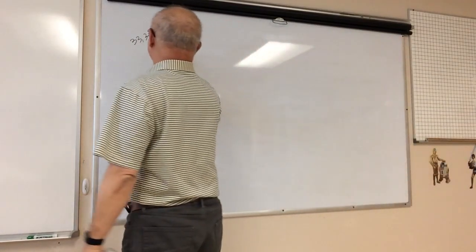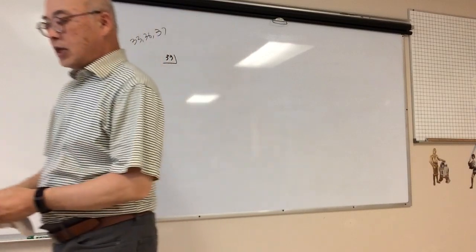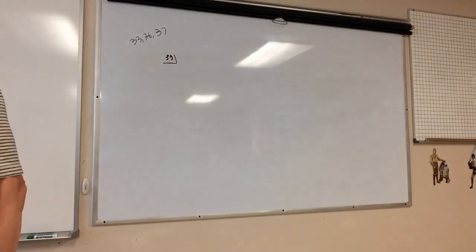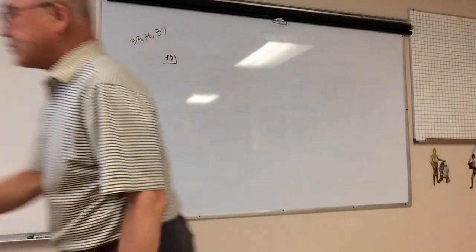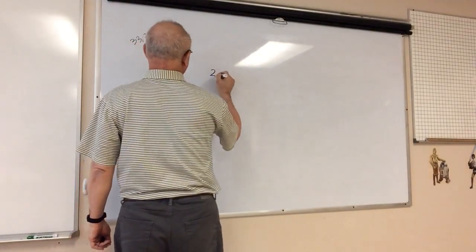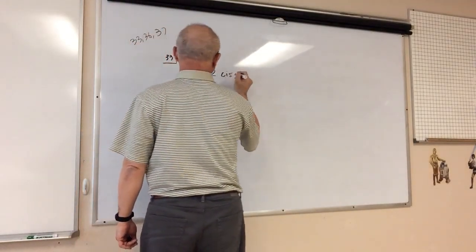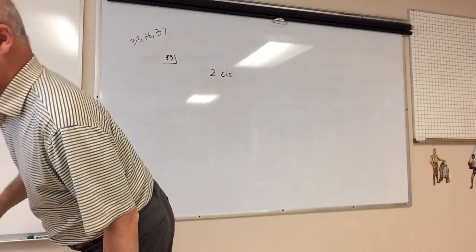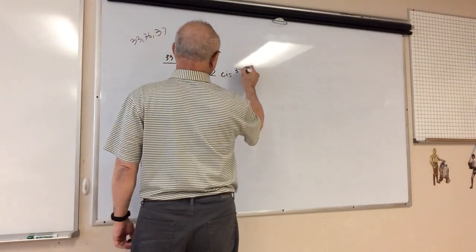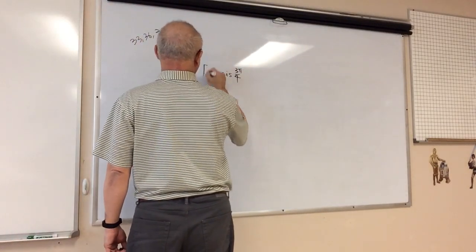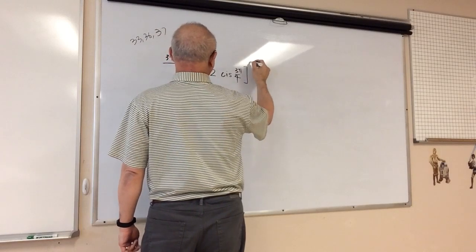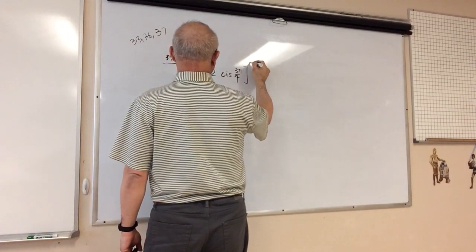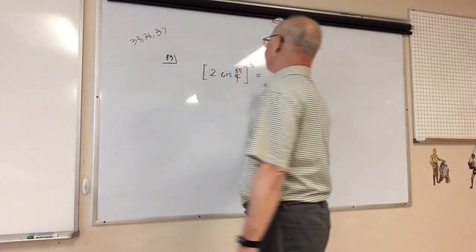So we'll do 33. We are on page 512. 2 cis 3 pi over 4. Is that correct? And we're taking this to what power? The third. So what do I get?